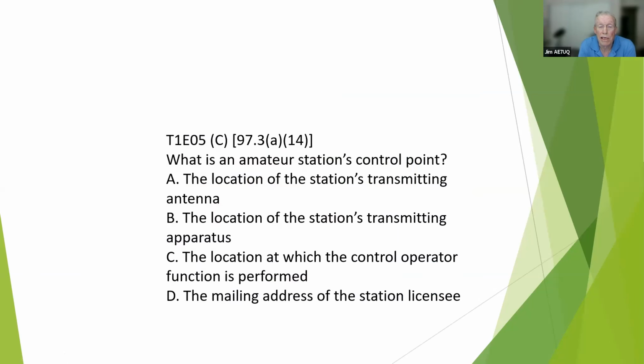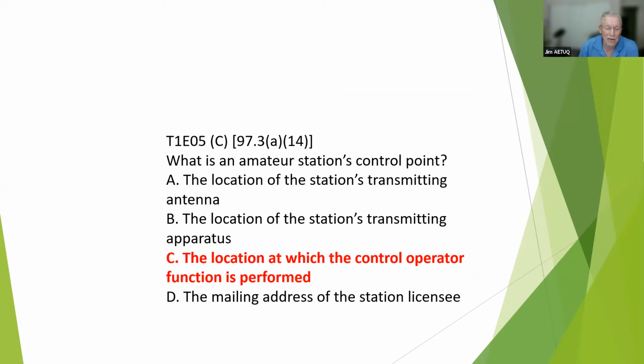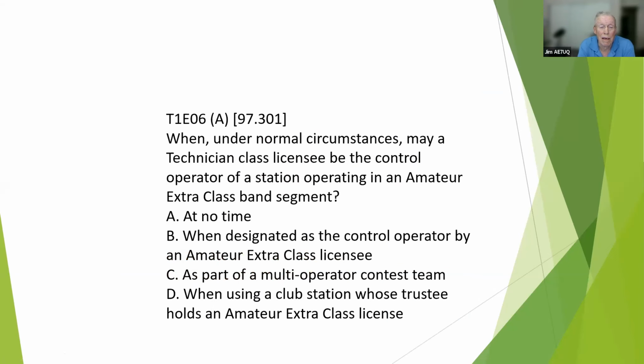What is an amateur station's control point? Should be fairly obvious: the location at which the control operator function is performed. When, under normal circumstances, may a technician class licensee be the control operator of a station operating in an amateur extra class band segment? Well, we just looked at that chart, and there are very few places, well, at no time.